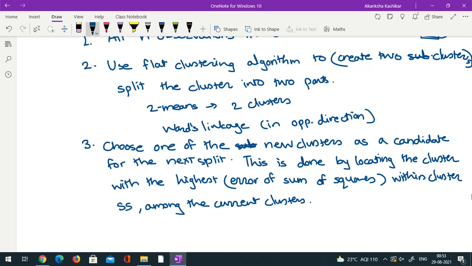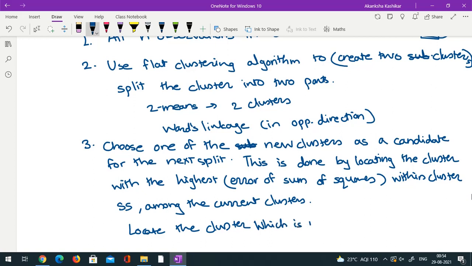Okay. Of course, if we are talking about categorical data, then we'll have to define within cluster sum of squares differently. We may not have to talk about squares. We may talk about absolute differences for ordinal categorical data, etc. So basically, a more accurate way to say this would be: locate the cluster which is most heterogeneous.